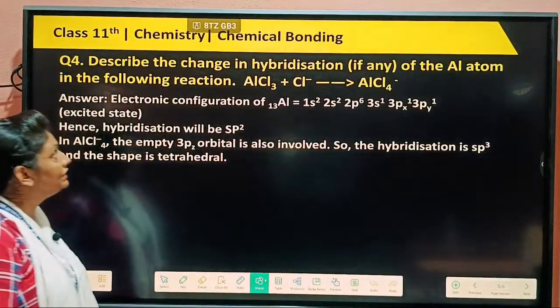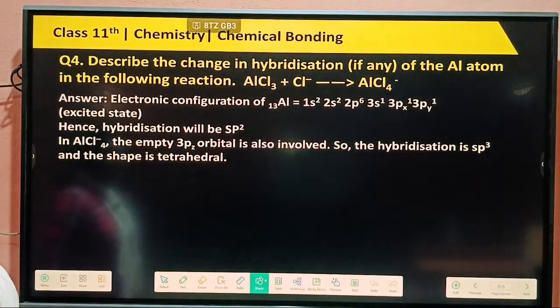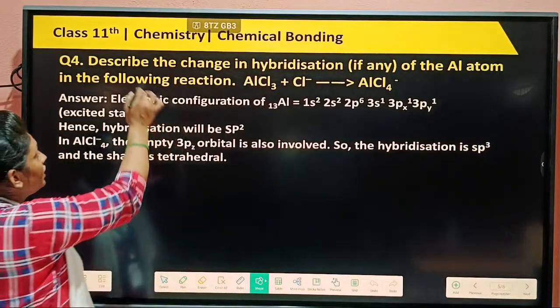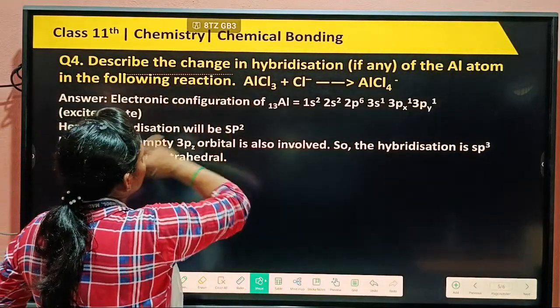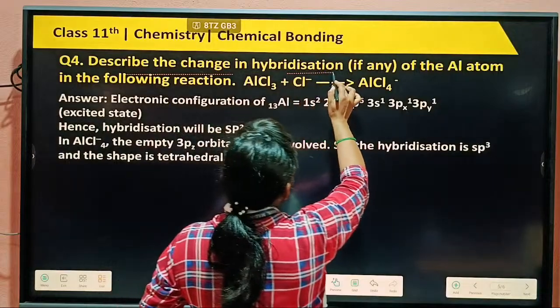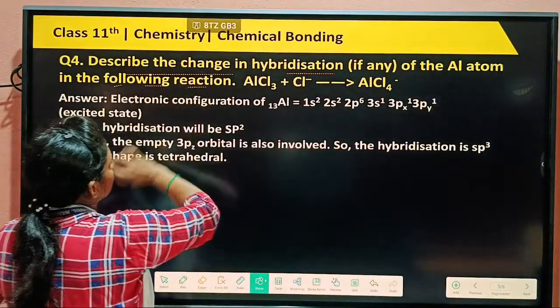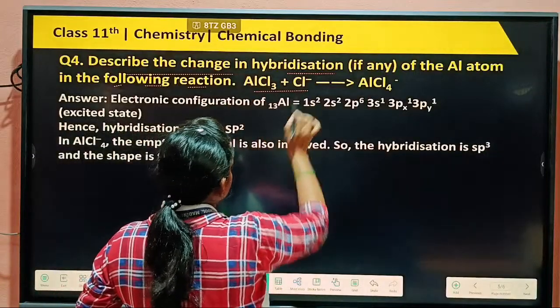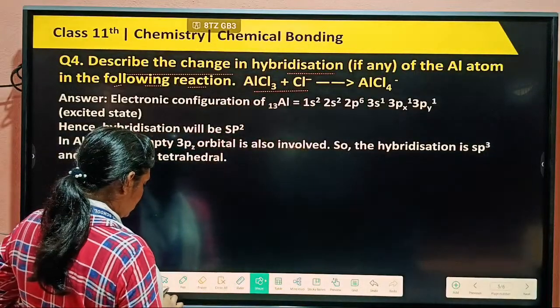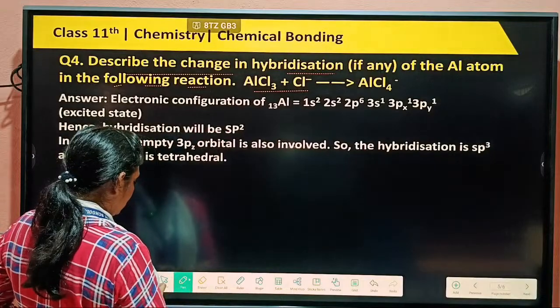Then students, see the next question. The next question is: describe the change in hybridization, if any, of the aluminium atom in the following reaction. This is the reaction given to us.